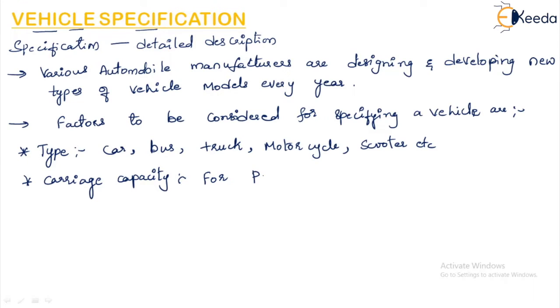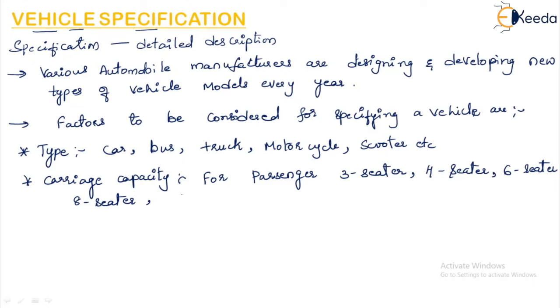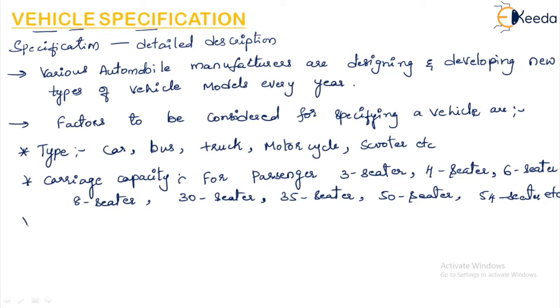So for passengers, it may be 3-seater, 4-seater, 6-seater, 8-seater, 30-seater, 35-seater, 50-seater, or 54-seater, etc.